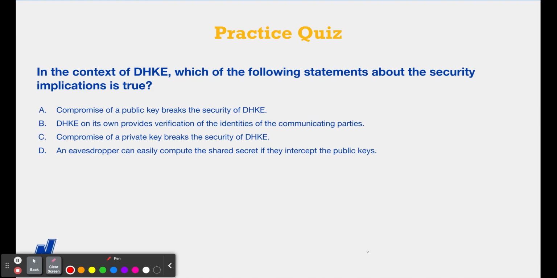It doesn't confirm that you're communicating with the party that you think you are. As such, it is vulnerable to man in the middle attacks unless combined with additional authentication methods. Also, due to the difficulty of the discrete logarithm problem, even if an eavesdropper intercepts the public key, they can't feasibly compute the shared secret.